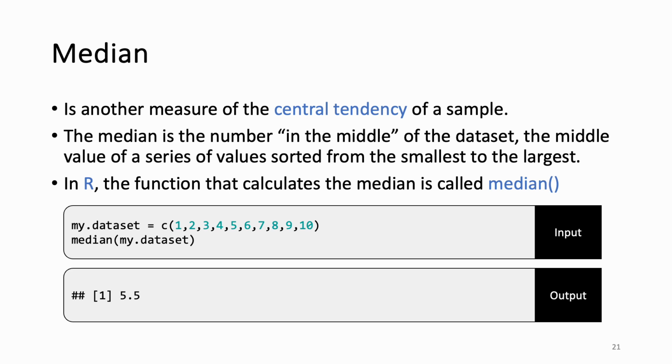Again, in R there's a function that can be used to calculate the median value, and it is called median. As an example, we can call the median function, pass my dataset as an input variable, and run this pseudocode to get the output, which in this example is 5.5.